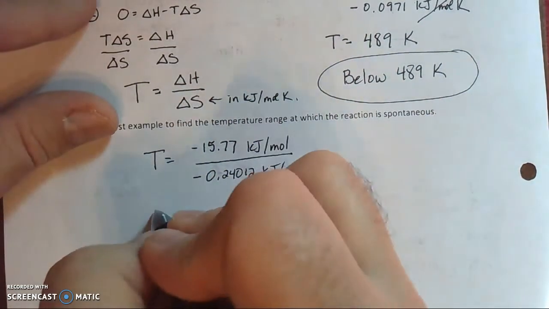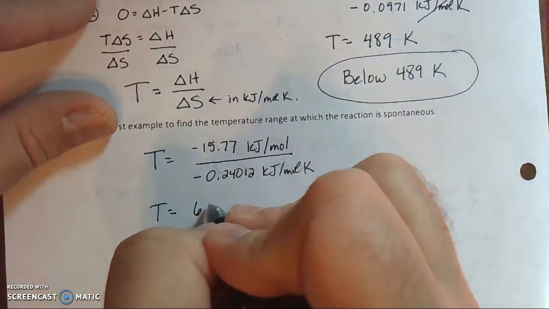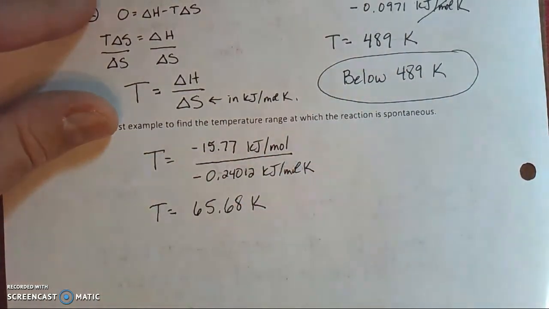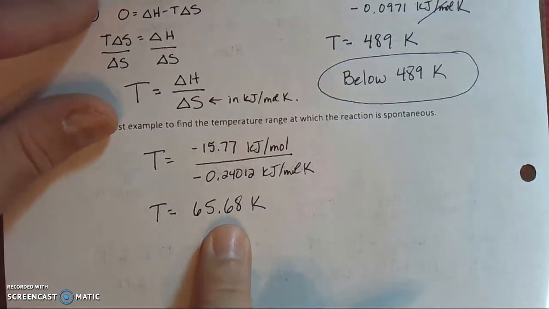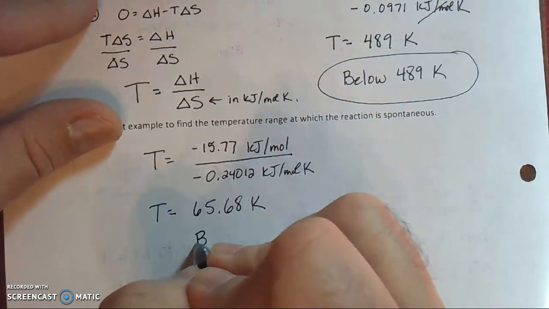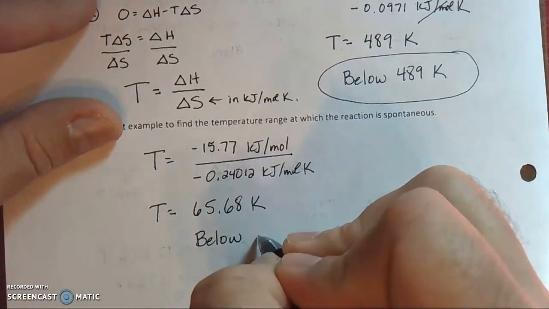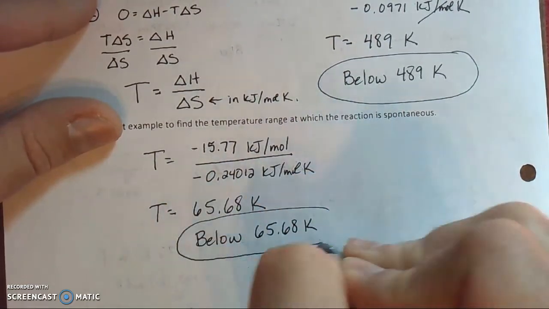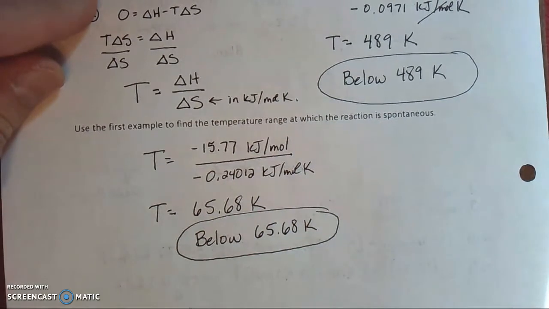When we calculate this, we get a temperature of 65.68 Kelvin. That's pretty cold. So we know that because they're both negative, it's below that temperature. If it asks you for degrees Celsius, we'd add 273 to this number.